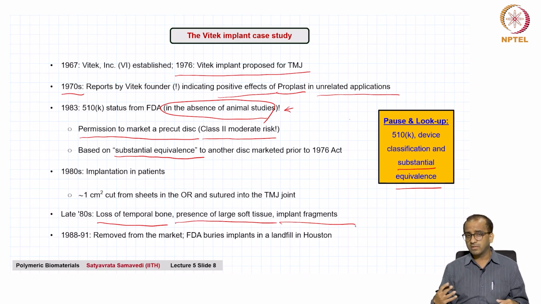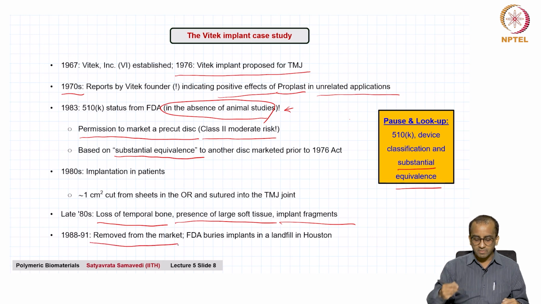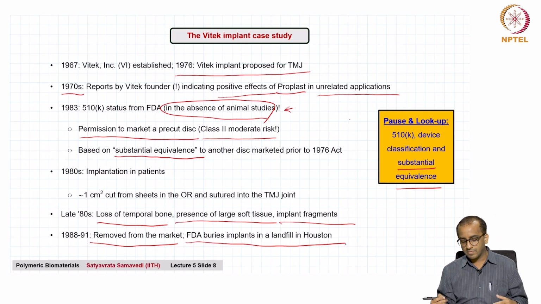So this is probably the patient's worst nightmare, where they're implanting something into a patient and the patient is experiencing the implant coming off in pieces every now and then. To the point where, like I said, the FDA had to remove it from the market, and just to put the lid on the problem, they literally bury the implant in a landfill in Houston.